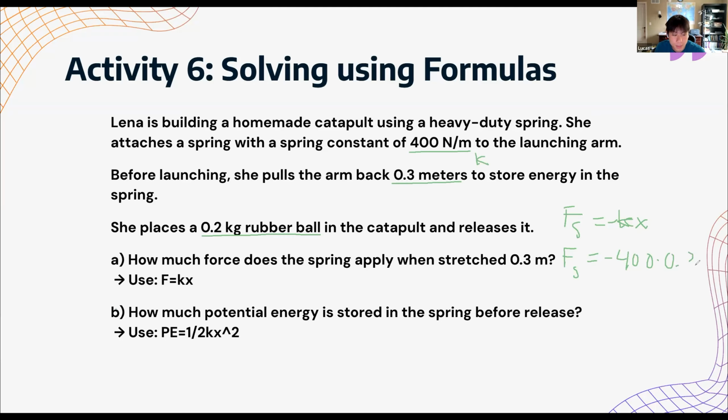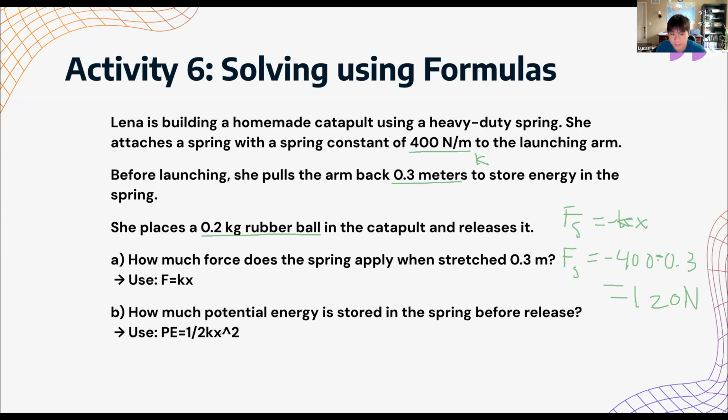So this is just a plug and chug question. Negative 400 times 0.3. Oh wait, this displacement is technically negative too, because you're pushing it back 0.3. So this cancels out, so it's equal to 120 newtons of force.